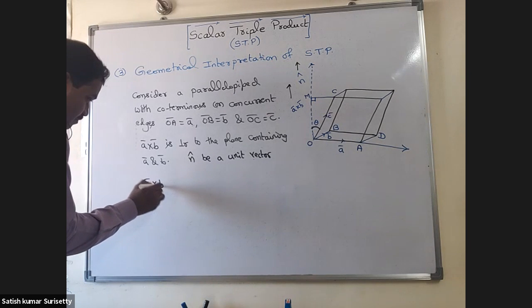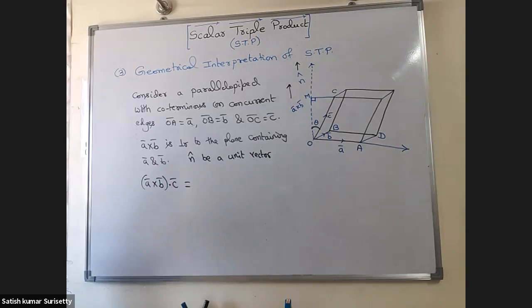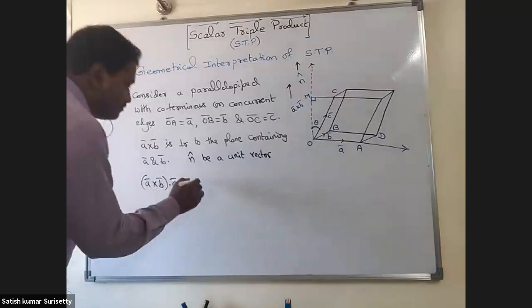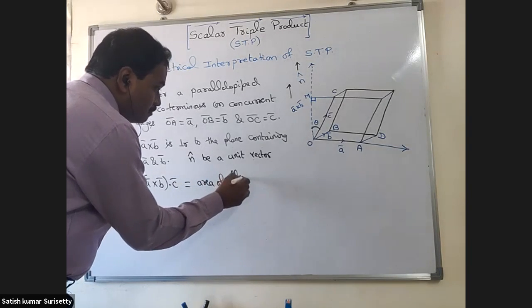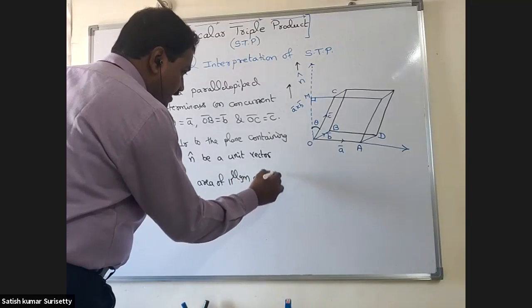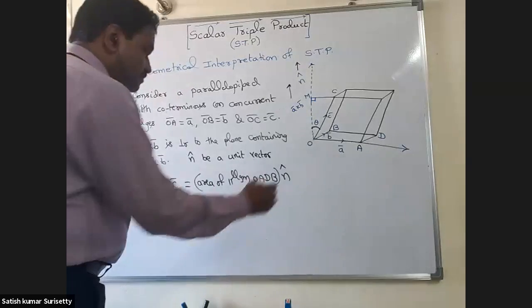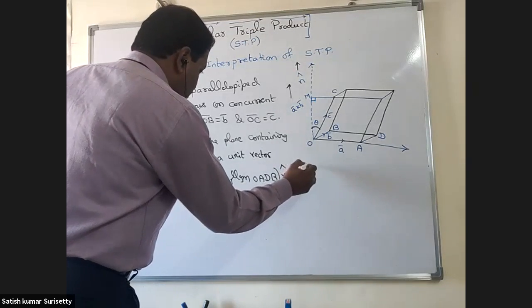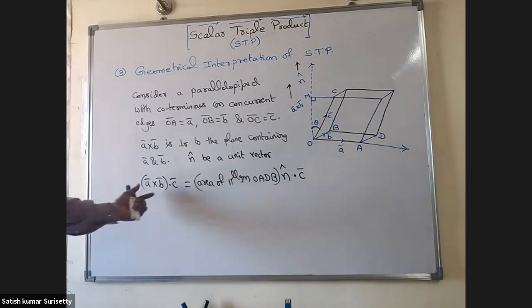A bar cross B bar dot C bar equal to area of parallelogram OADB into unit vector n cap dot C bar. Because A bar cross B bar is a vector area of the parallelogram.